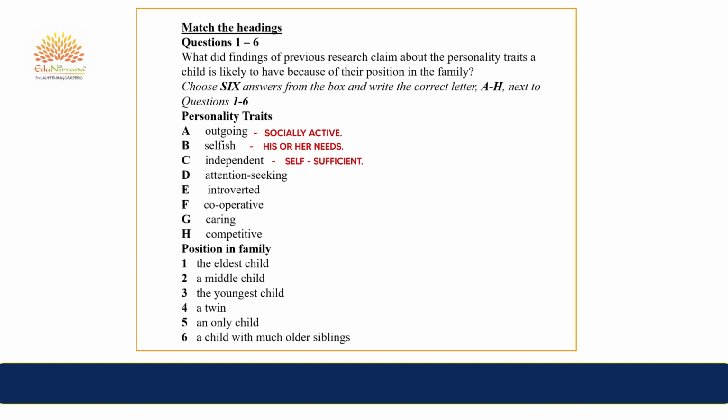One who can look after their own self. Then comes attention seeking. An attention seeking child would be the one who would behave in a way to elicit attention. So here I will write elicit attention. The next one is introverted.